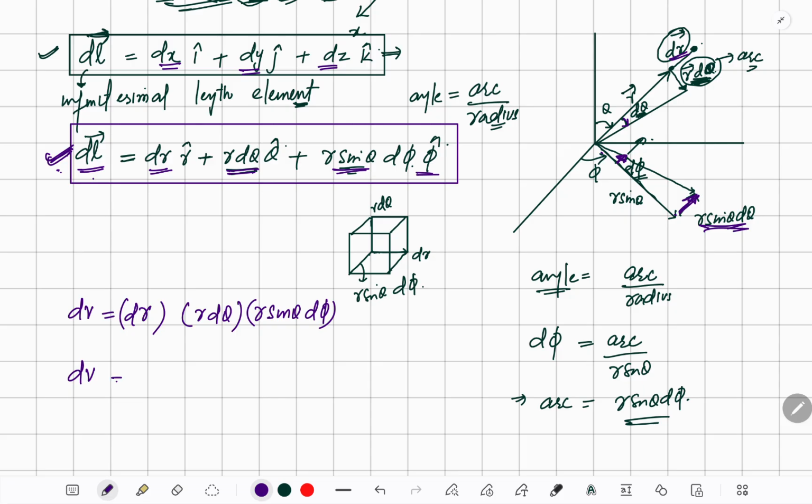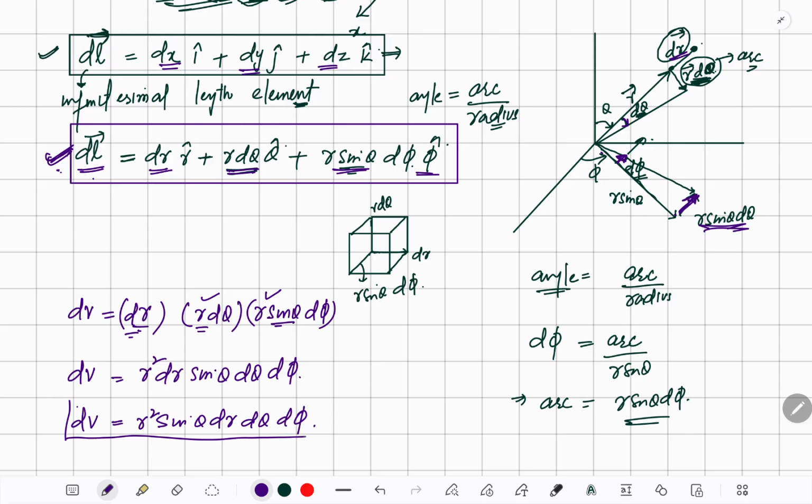So dV can be written as r squared sine theta dr d theta d phi.